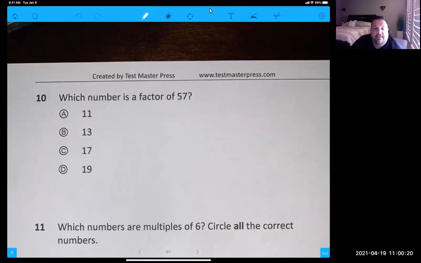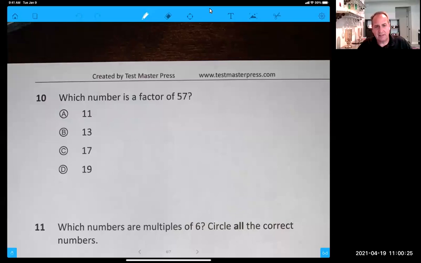All right, what about factor of 57? Ooh, I love it. Which number goes into 57? That's a good one. No, that's not that bad. Come on, think about it.